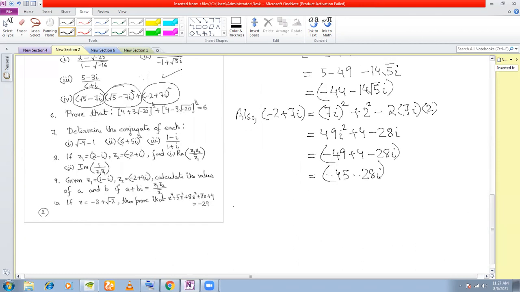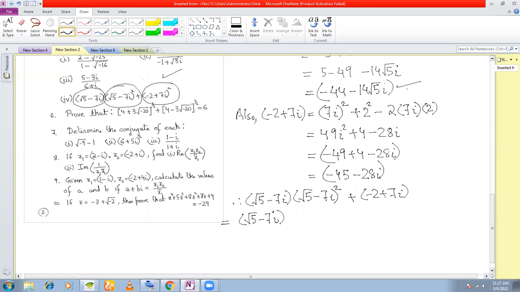Now we'll put it in the expression. So therefore, root 5 minus 7i into root 5 minus 7i whole square plus minus 2 plus 7i. Put the values here. What have we got? This root 5 minus 7i will remain as it is.